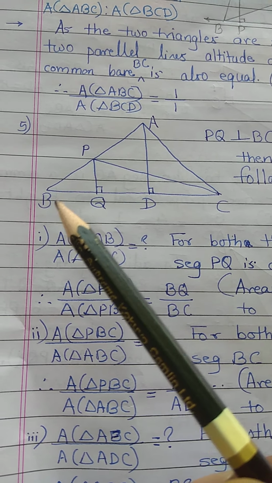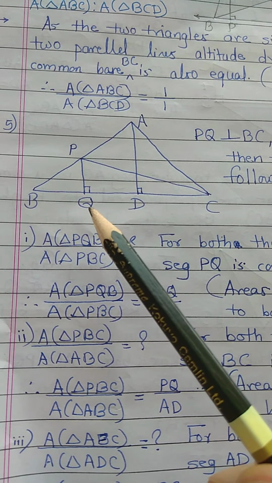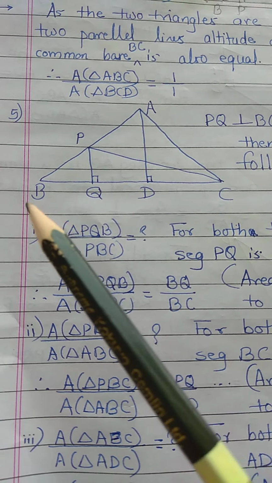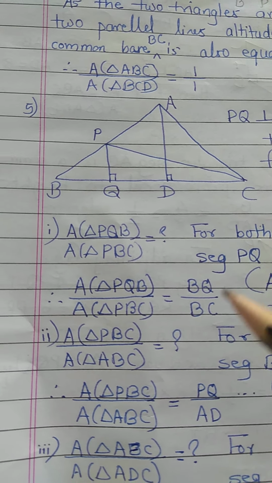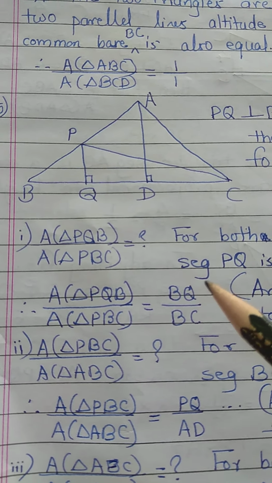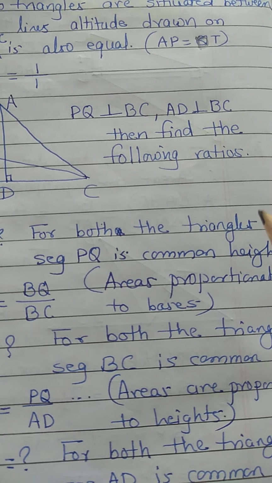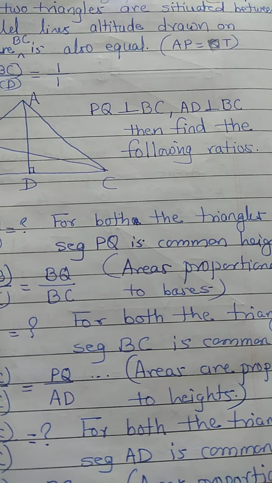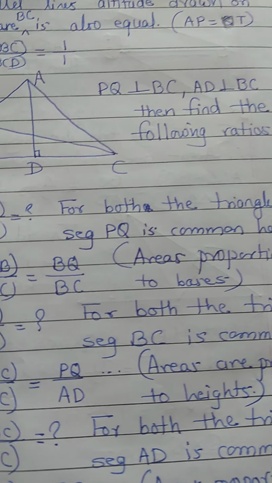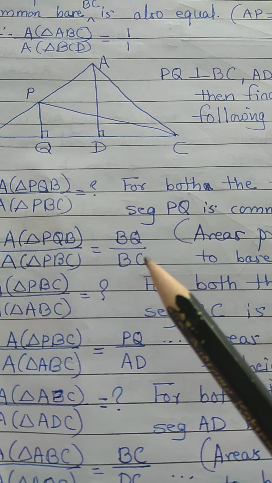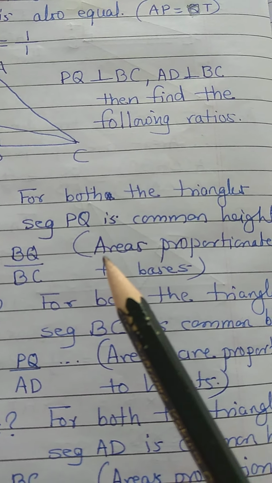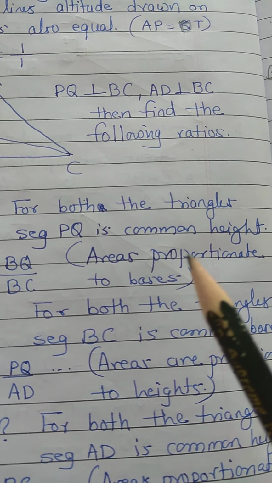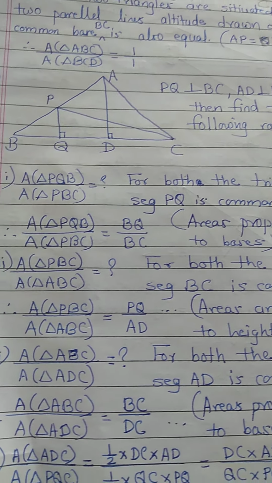That is, the base of triangle PQB is BQ and the base of triangle PBC is BC. So the answer should be BQ upon BC. Area upon area is equal to base upon base if height is common or height is equal. See here, for both the triangles, segment PQ is the common height, and therefore area upon area is equal to base upon base, because we know that if height is equal or common, then areas are proportionate to bases.